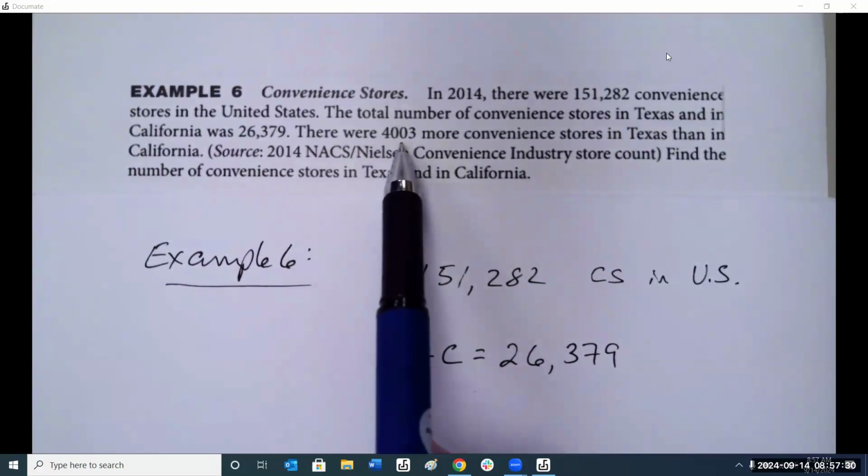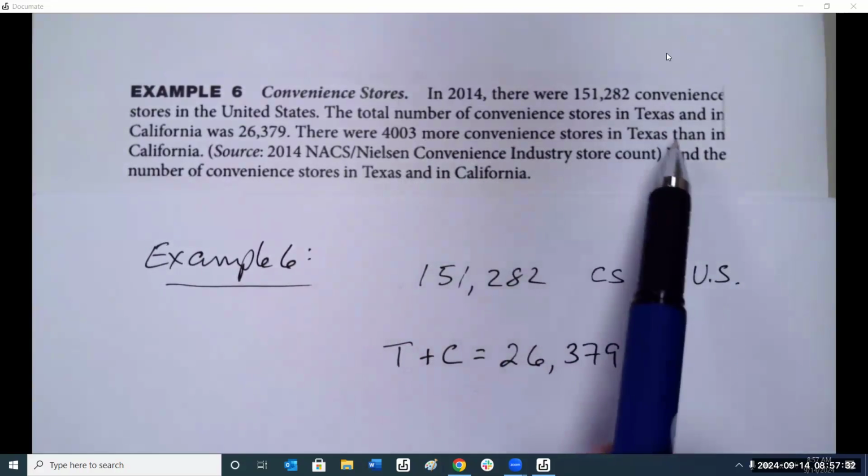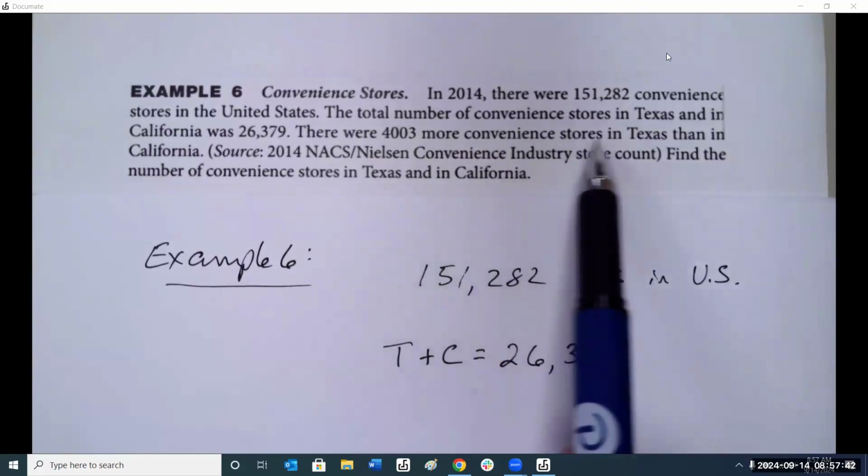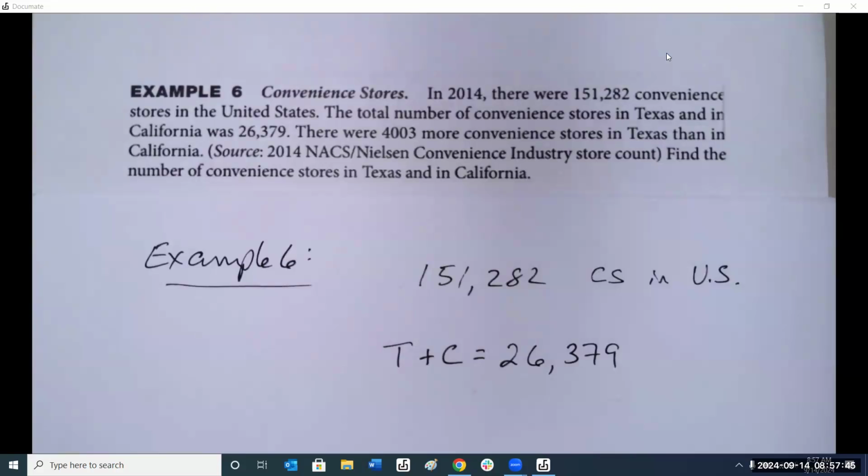There were 4,003 more stores in Texas than in California. How do I put that in math? There were 4,003 more stores in Texas than California. Are they equal?